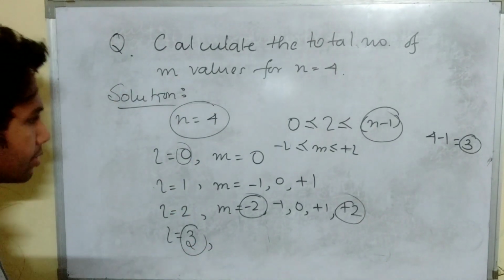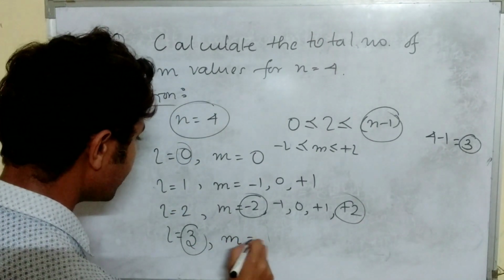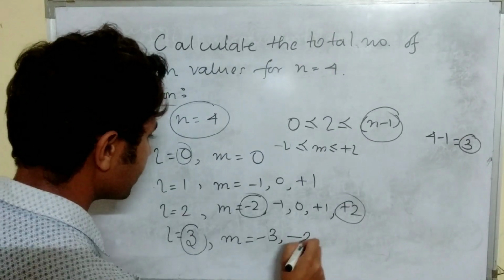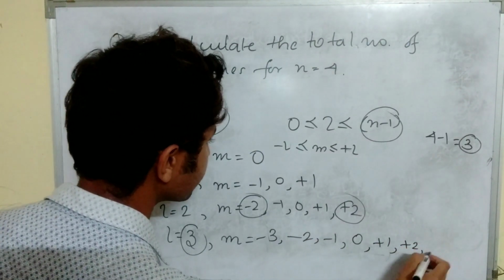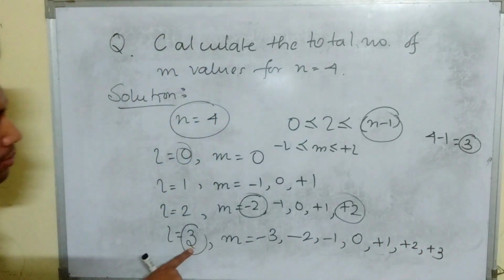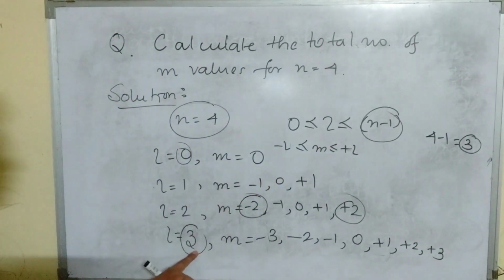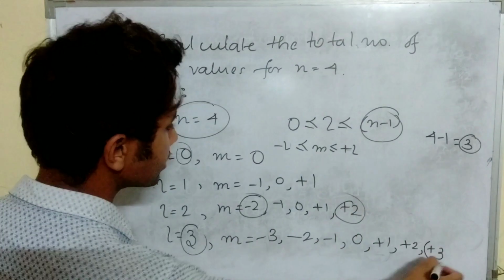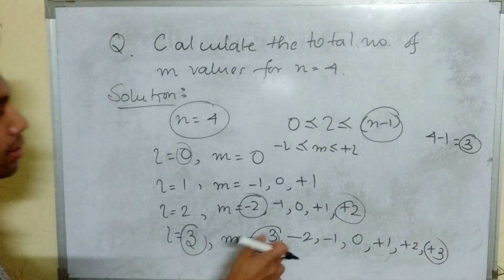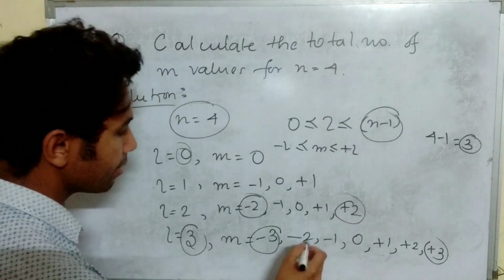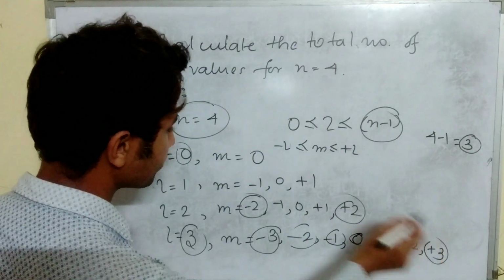So for l is equal to 3, we have m is equal to minus 3, minus 2, minus 1, 0, plus 1, plus 2, plus 3. Means for l is equal to 3, minus l will be minus 3, plus l will be plus 3. In between these two, we have minus 2, minus 1, 0, plus 1 and plus 2.